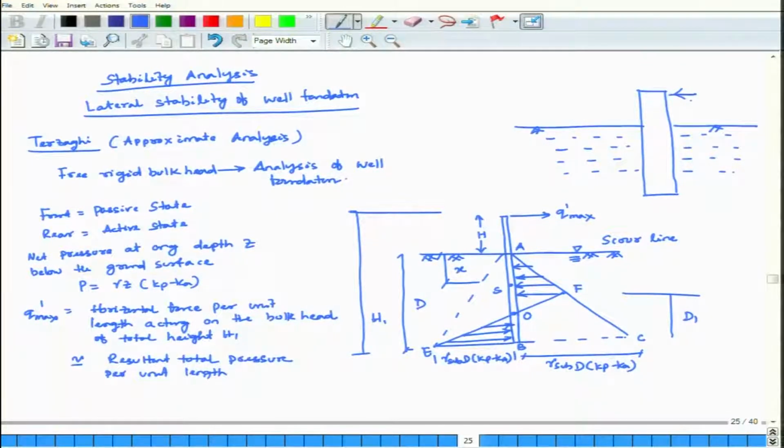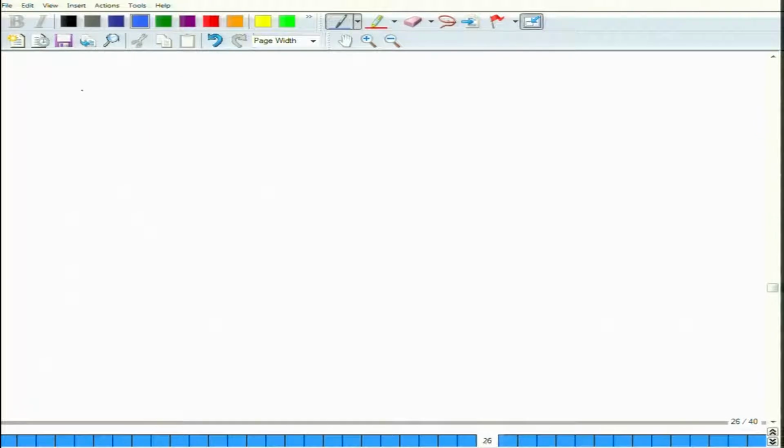Then D is equal to the depth of the well below the scour line, and H is your Q prime max acting at a distance above this scour line.